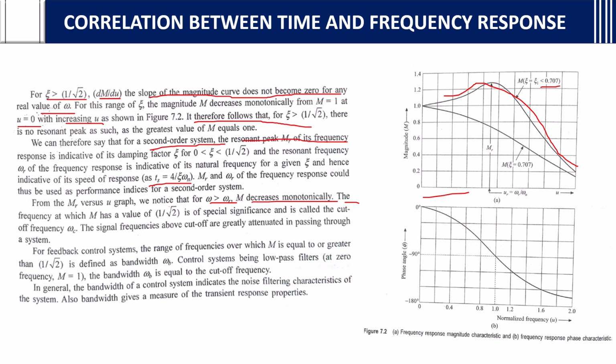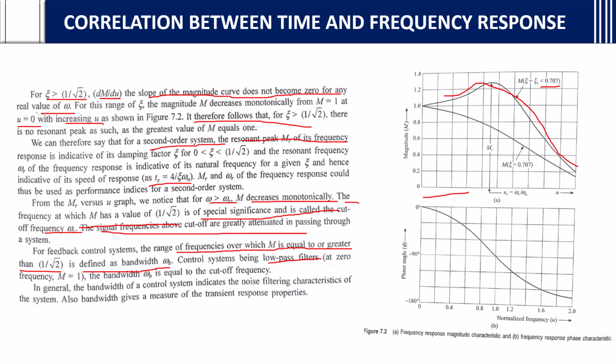The frequency at which M has the value of 1 by root 2 is of special significance and is called the cutoff frequency. The signal frequencies above cutoff are greatly attenuated in passing through a system. So for feedback control systems, the range of frequencies over which M is equal to or greater than 1 by root 2 is defined as the bandwidth WB.